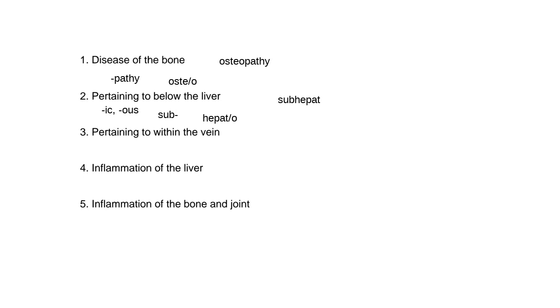So let me see if I can put this. It would be subhepatic. That means pertaining to below the liver. Okay, so pertaining to within the vein. So again, we have ic or us as pertaining to.